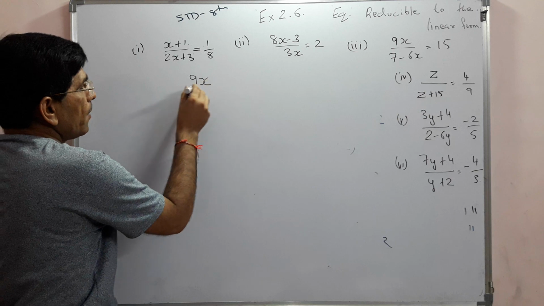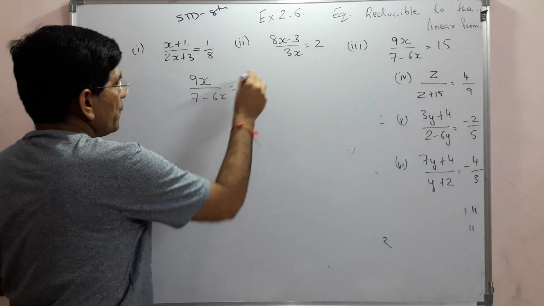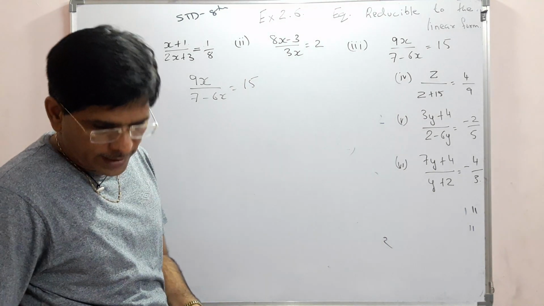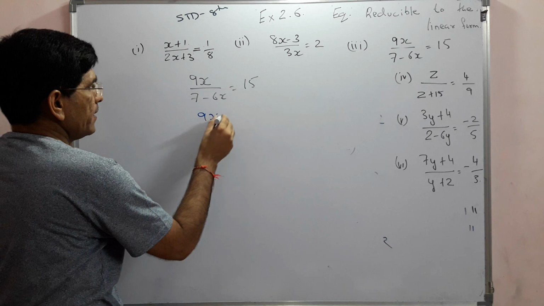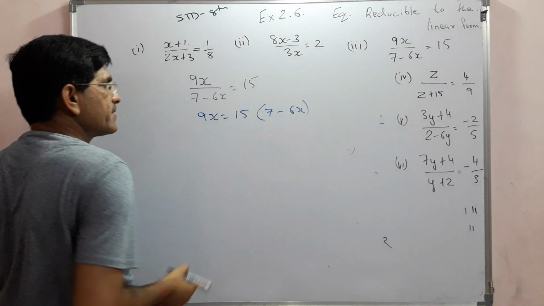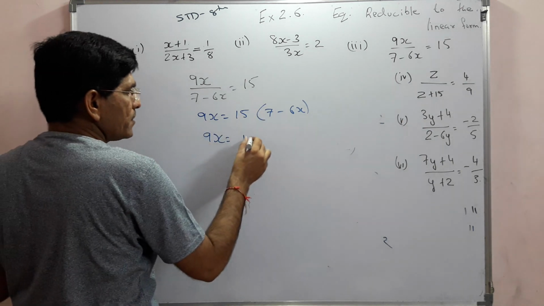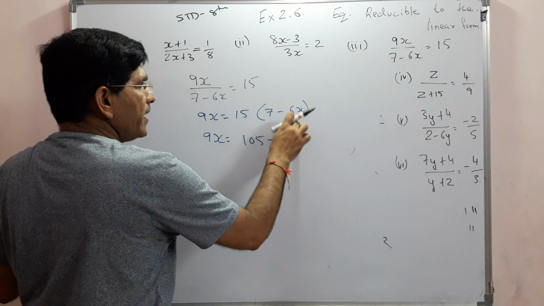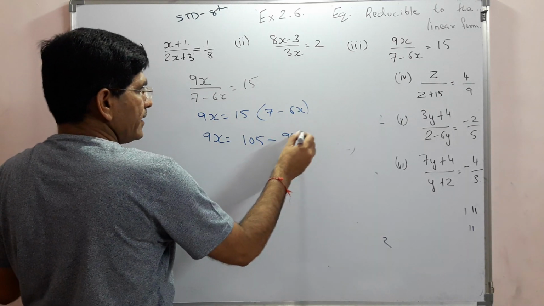9x upon 7 minus 6x is equal to 15. Now what is my first target? I have to open the bracket. So 9x in bracket, 15 into 7 minus 6x. Now if I open the bracket, 15 7s are 105 minus 15 6s are 90x.